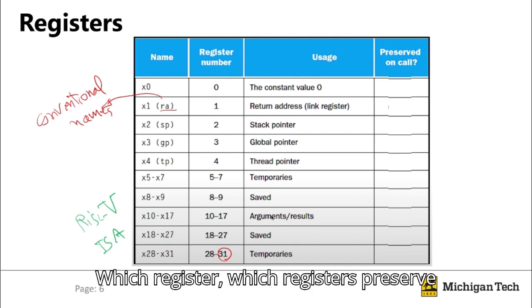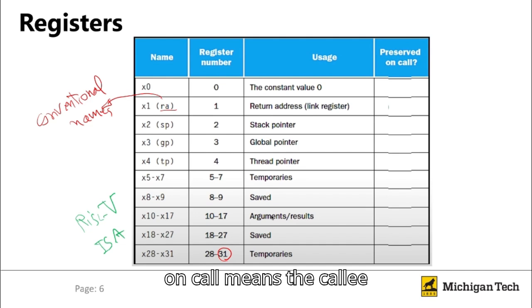Which registers preserve on call means the callee must preserve it. X0 is always 0, no one can change it.